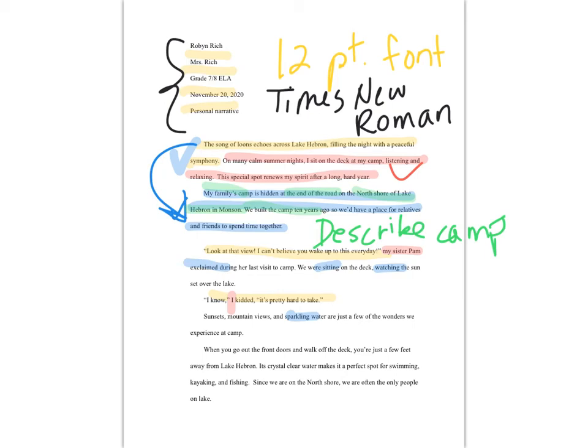In the next paragraph, when you go out the front door and walk off the deck, I don't know how else you could say go, but I'm walking. You're just a few feet away from Lake Hebron. Some adjectives: crystal clear, perfect spot. Here are my verbs: swimming, kayaking, and fishing. We are the only people on the lake.